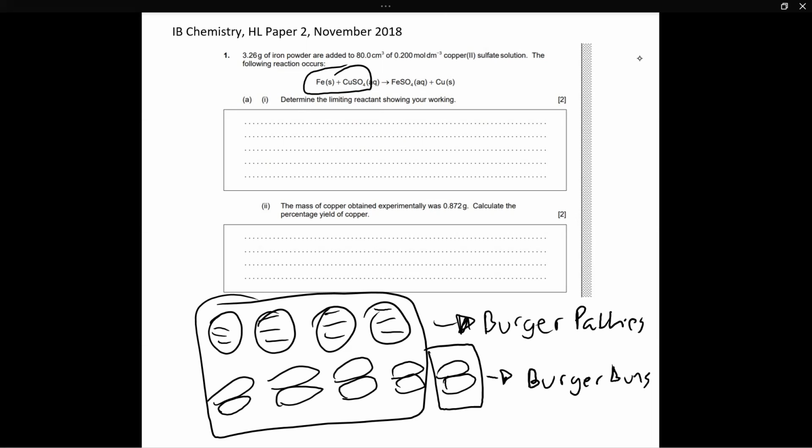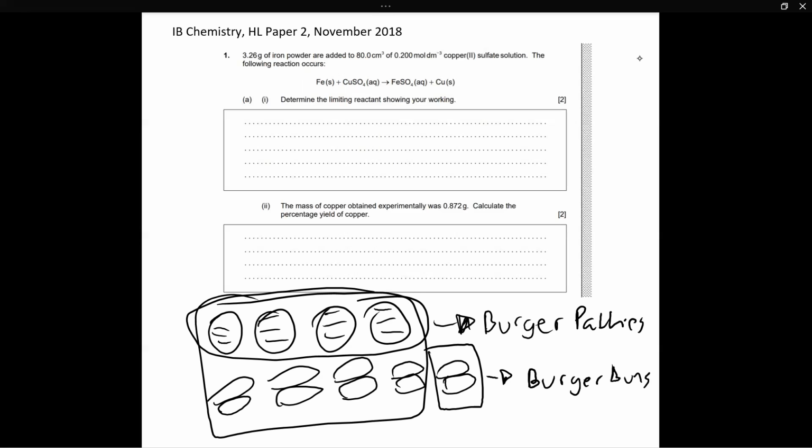In our example of burger patties and burger buns, our burger patties were the limiting reactant, because they determined how many burgers could be made in the end. Only four can be made.